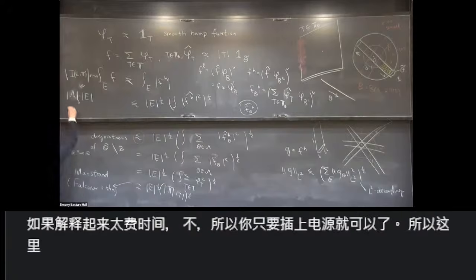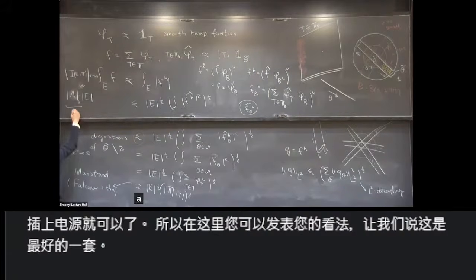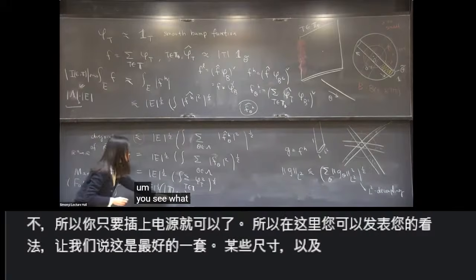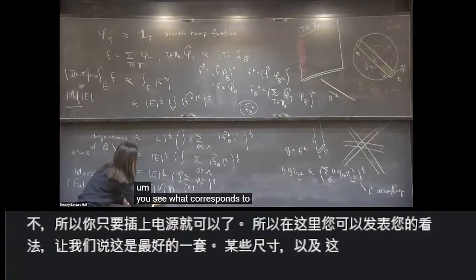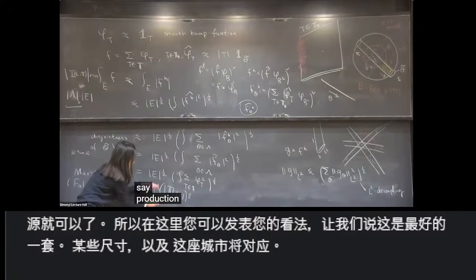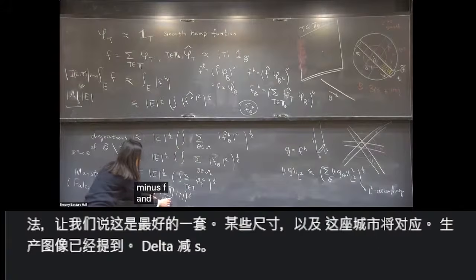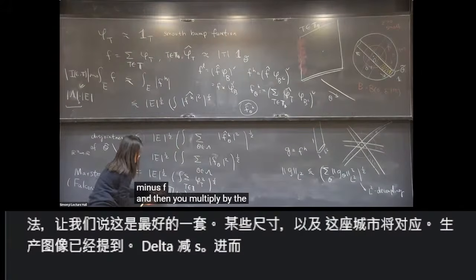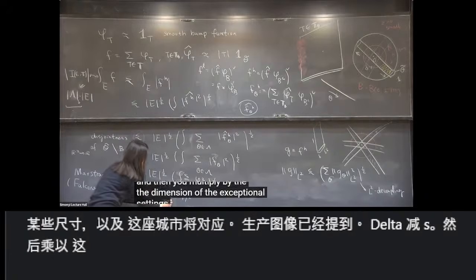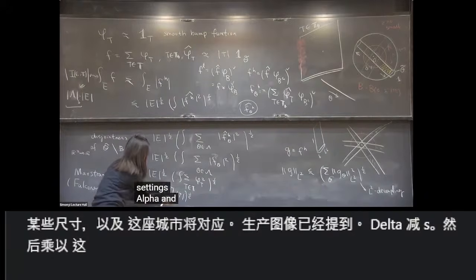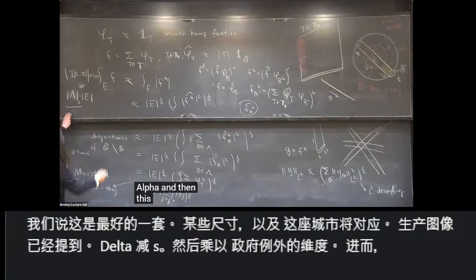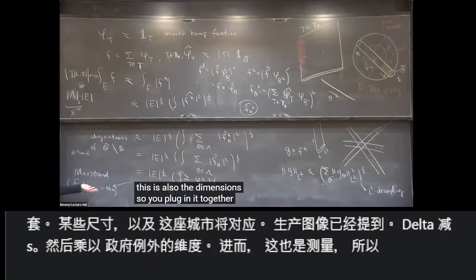Let's say the set has a certain dimension, and the projection image has dimension delta minus f, and then you multiply by the dimension of the exceptional set, say delta to the minus alpha, and then you plug in and figure it out.